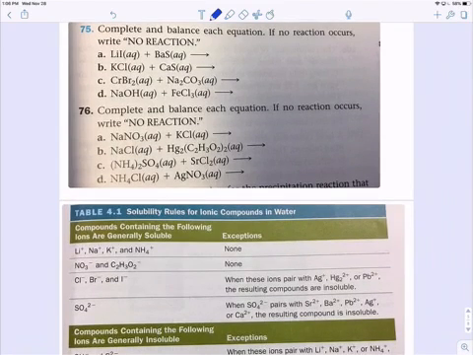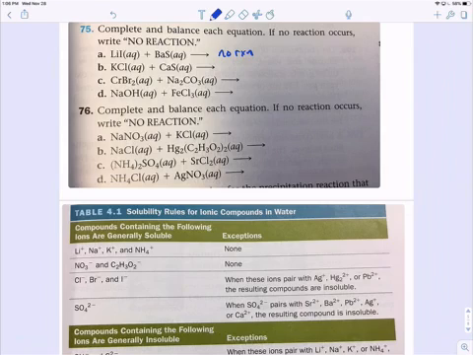So complete, look to see if there's a reaction. Lithium is going to bind with sulfur. Lithium is an alkali, always soluble. That's not going to be a precipitate. Barium is going to bind with iodine. These tend to be soluble. Barium is not an exception. Because of this, this one is no reaction. Okay.